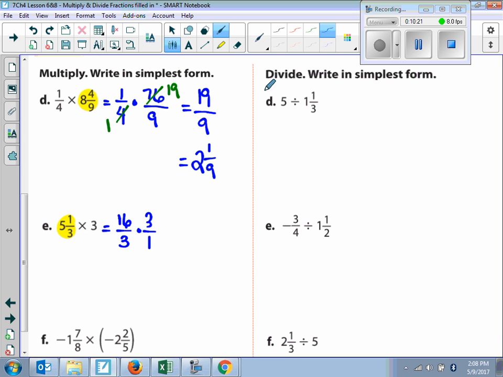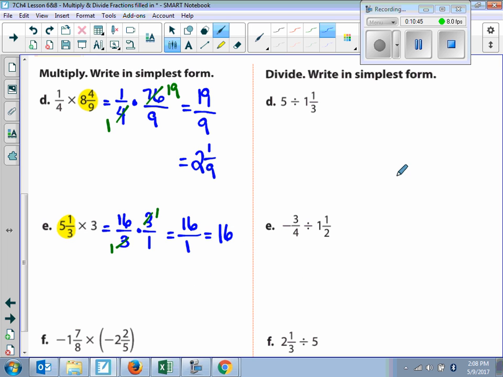And now, before we multiply, we can simplify. Good. So 3 divided by 3 is 1, and 1 down here. And now, when we multiply straight across, we have 16 times 1, which is 16, and 1 times 1, which is 1, which just brings us to 16. So you can go straight to the 16 if you want.